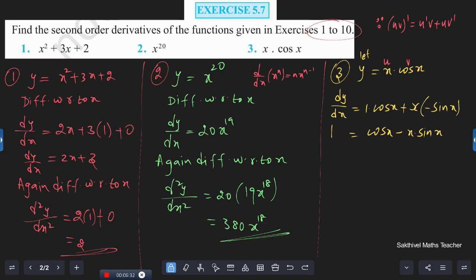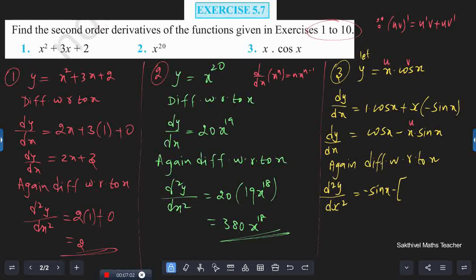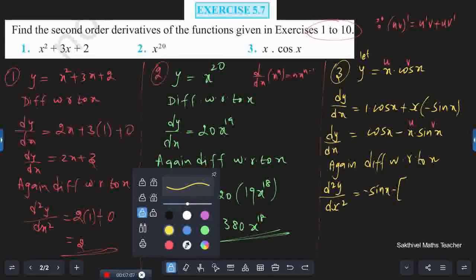Now this is dy divided by dx. Again we have to differentiate for the double derivative, one more time. So I'm differentiating with respect to x on both sides. On the left hand side, d square y divided by dx square, cos derivative is minus sin x, and minus is common here. Again the uv formula: x is u, minus I mention commonly outside, and sin is v.